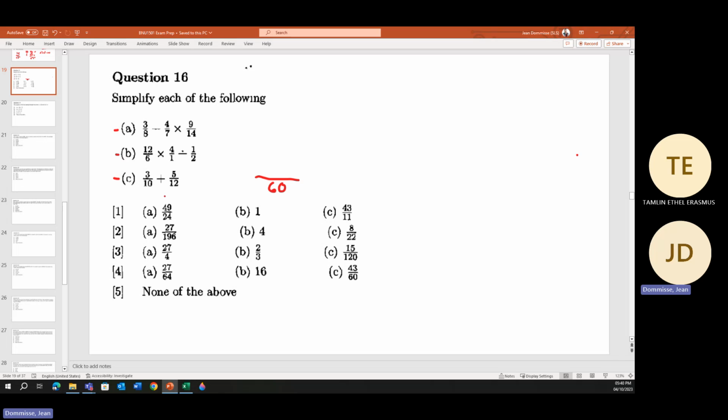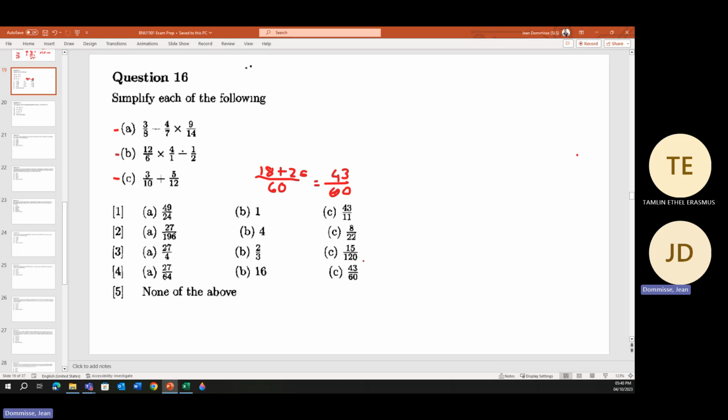So 10 goes into 60 six times, 6 times 3 is 18. And then on the other side, 12 goes into 60 five times, 5 times 5 is 25. So we have 43 over 60.